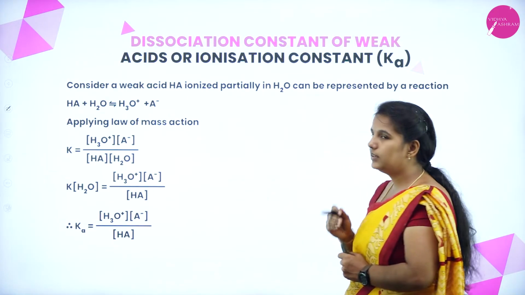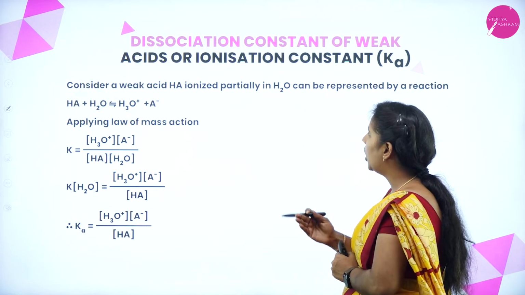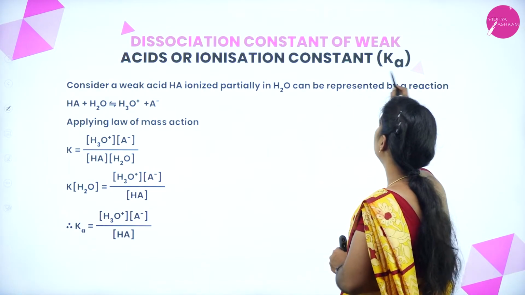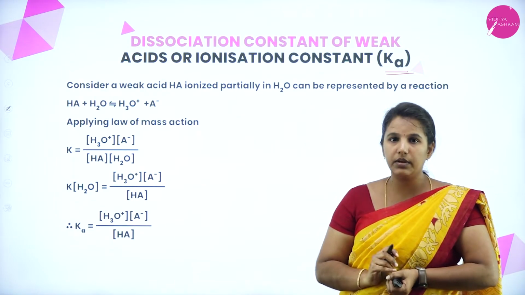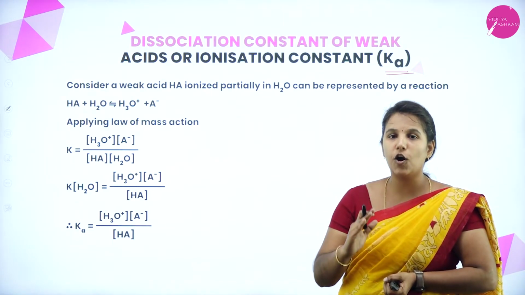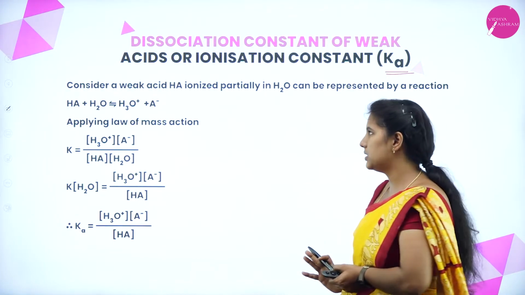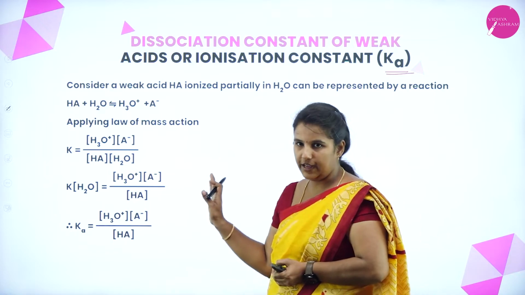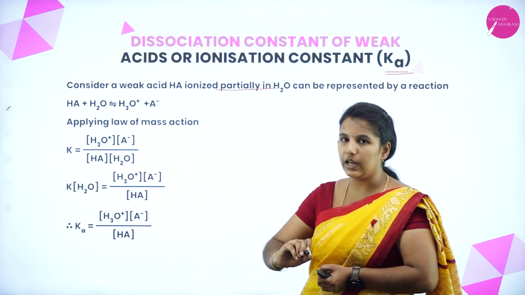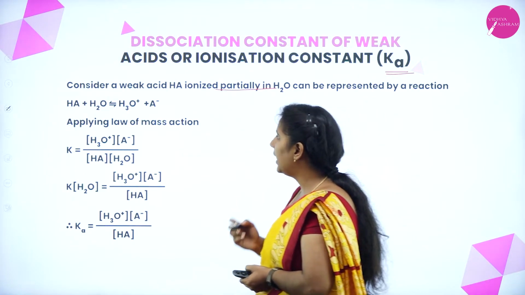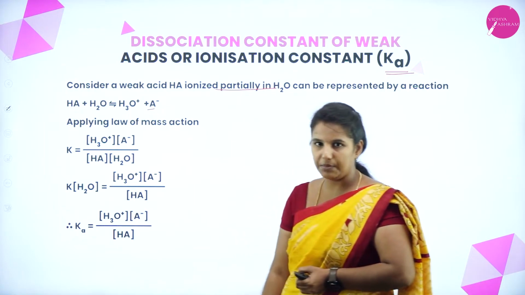Next we have the dissociation constant of weak acids, or ionization constant Ka. So what is Ka here? Ka is nothing but the dissociation constant of weak acids. Let us consider the weak acid HA, which ionizes partially with water and gives the H3O plus ion and A minus ion.